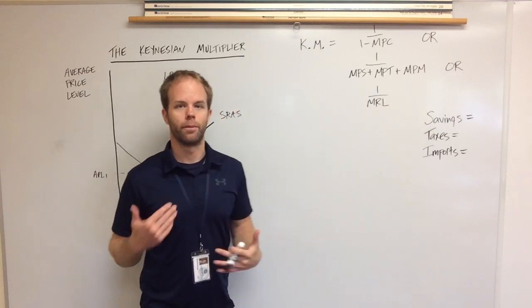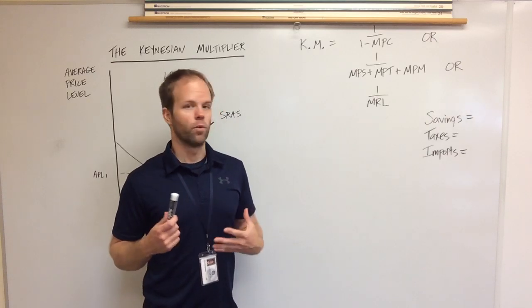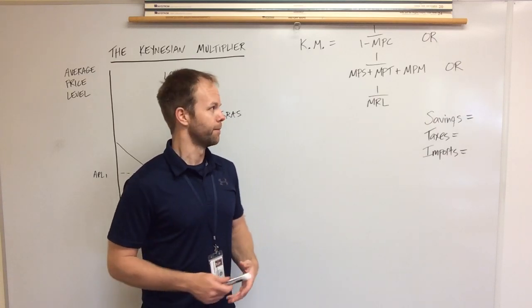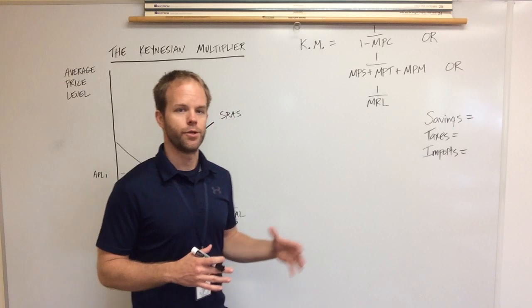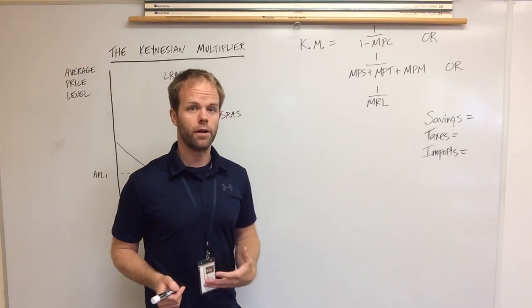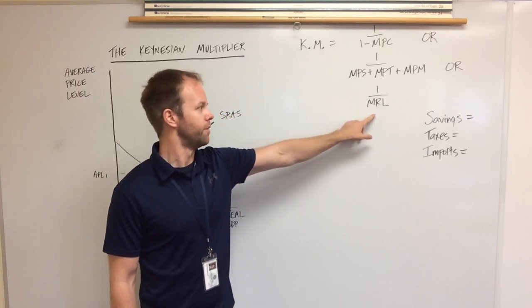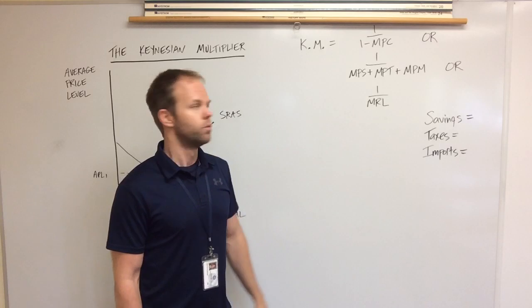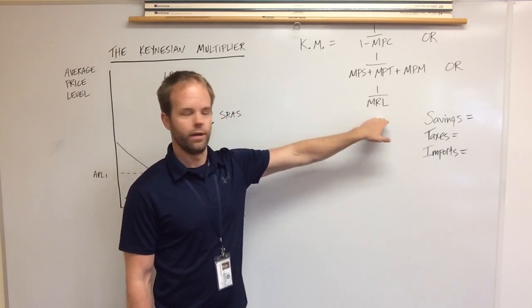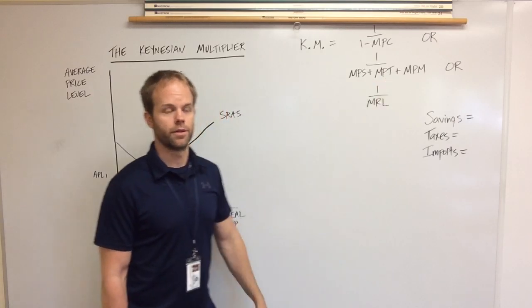That is the marginal propensity for imports. That just means the rate of import spending. So what percentage of GDP gets spent on imports? You might also see it this way. If you were to add up all of the rates of leakage, you could do 1 over the marginal rate of leakage, and the MRL is the same thing as all of these three things combined, right?